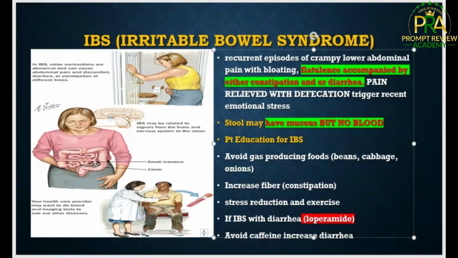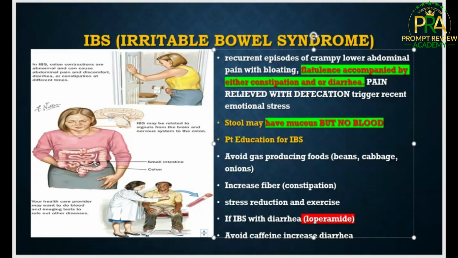That is irritable bowel syndrome, from the word IBS. IBS, irritable bowel syndrome. And like I said, they can have diarrhea, they can have constipation, they can have both. And sometimes the symptom may be relieved with defecation.